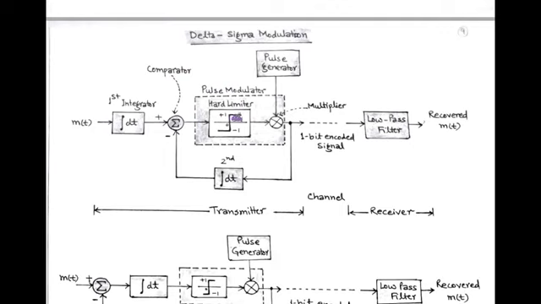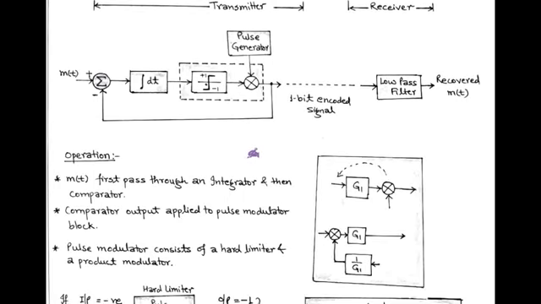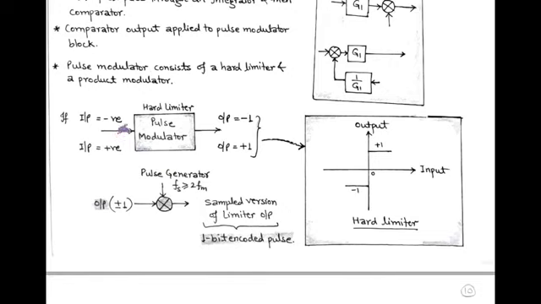Pulse modulator block consists of a hard limiter and a product modulator. At the output of hard limiter, we get amplitude level -1 corresponding to negative input and +1 corresponding to positive input. The product modulator multiplies the hard limiter output and the pulse generator output.